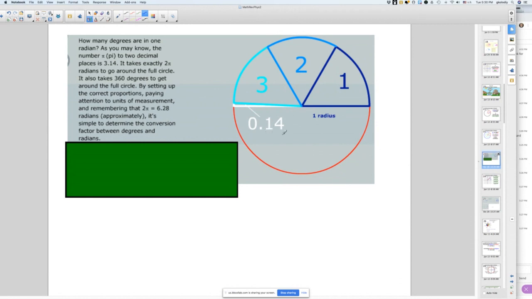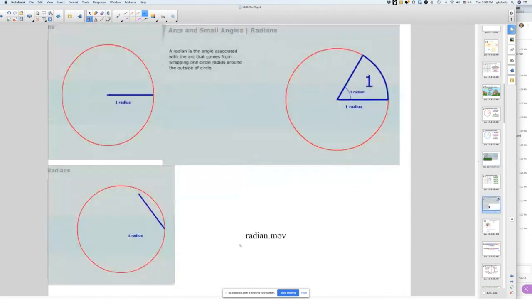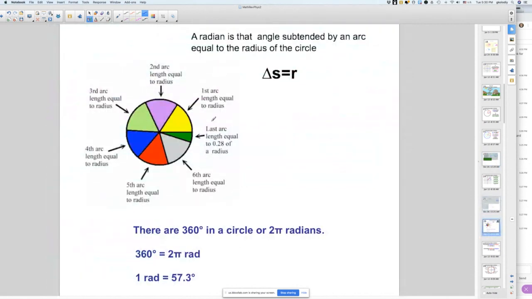How much more? 0.14. So 3.14 radians in half a circle. If you double this, like I'm going to do over here, you'll find out that it's 6.28.